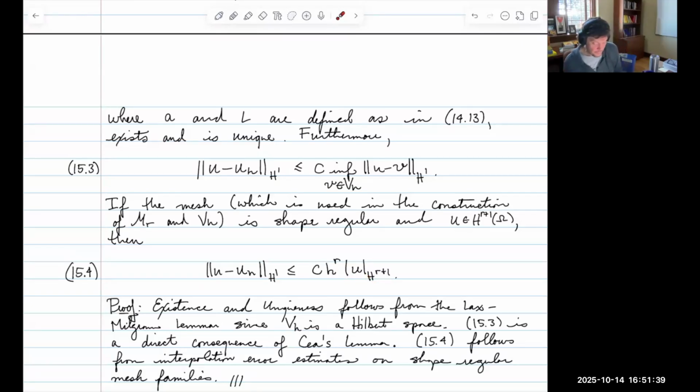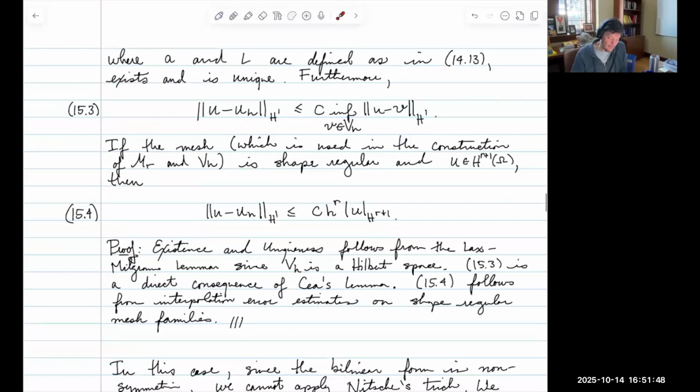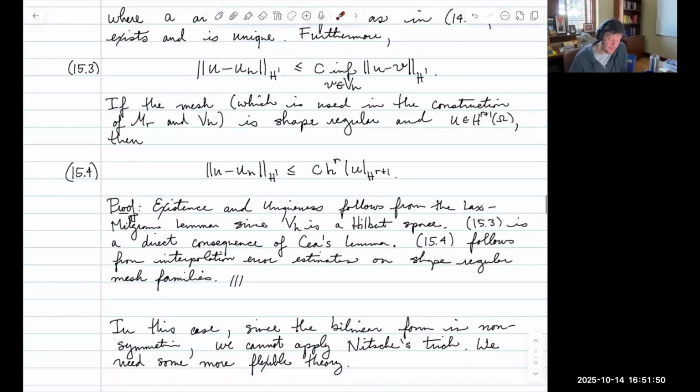And all I have to assume to get all this is that u is in H^(r+1). Okay, so I've already told you what the proof is. Existence and uniqueness comes from Lax-Milgram. Céa's lemma is the next step, and then the interpolation error estimate on shape regular mesh families is the last step. That's it. Everything is done. We don't have to do anything extra.